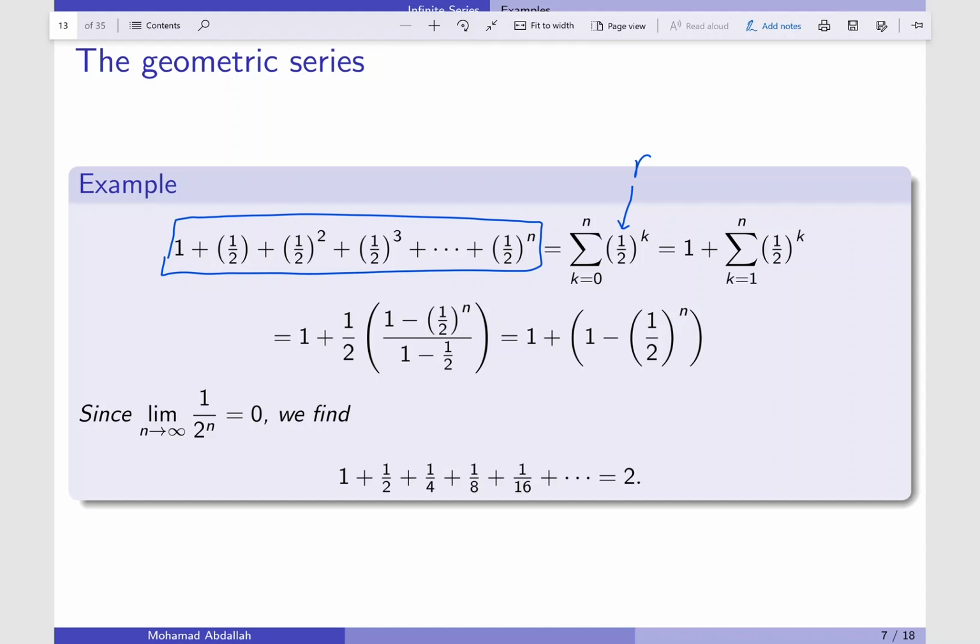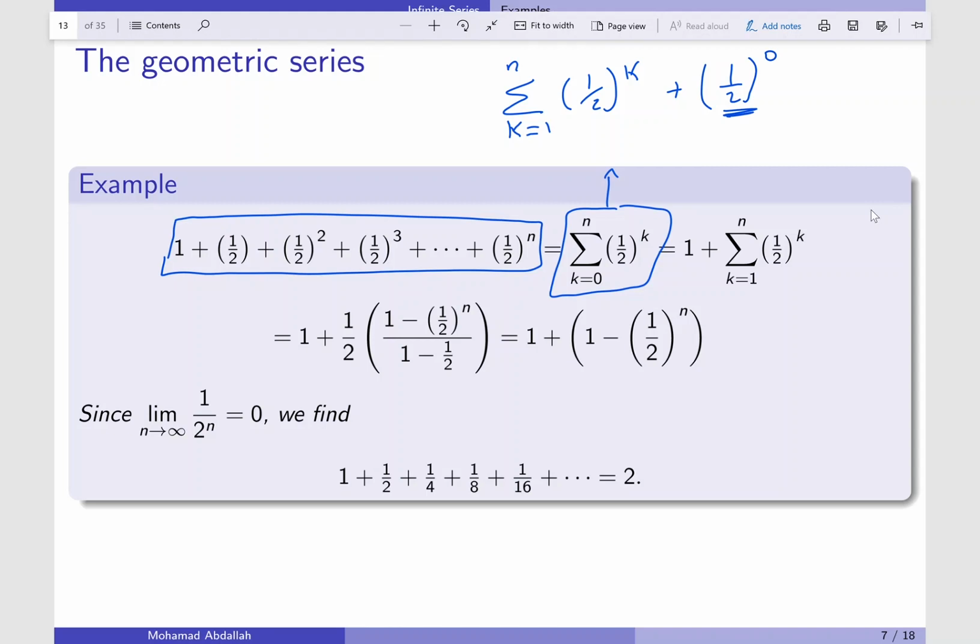To do that, first remember that this sum is actually the summation from k equals 1 to n of 1/2 to the power k. Now someone will say, what happens to k equals 0? Well, I will add it by itself, plus 1/2 to the power 0. Now 1/2 to the power 0 is this one that you see here. And over here, it's the sum from k equals 1 to n of 1/2 to the power k.